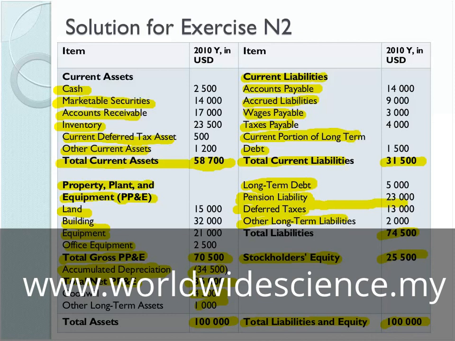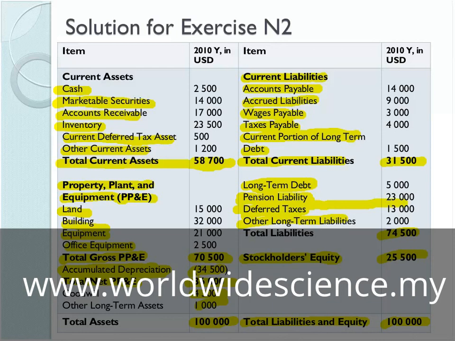Here, the wages payable, the taxes payable, all those things haven't been paid yet. So we will pay in the future, in the next month, or in the next 2 months maybe. If we haven't paid yet, it's our liabilities, right? We must pay it, but we haven't yet. So we put it under the current or the long-term liabilities.